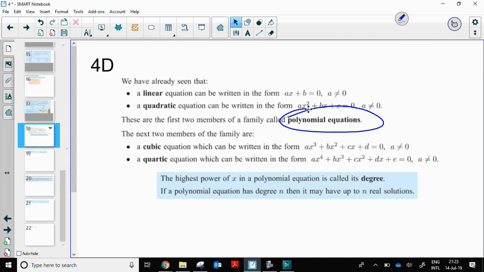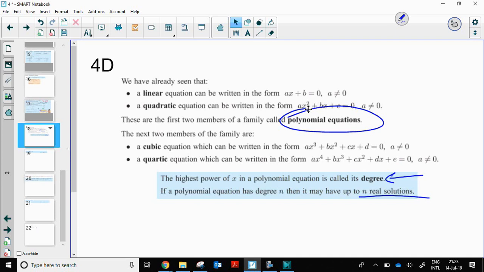Really, above a quartic equation, we usually just say a 5th degree polynomial equation, a 6th degree polynomial equation, etc., where the degree is the highest power of x that we see, and that number, that degree, is going to match how many total solutions there are, including complex solutions. But again, we'll discuss that another day.